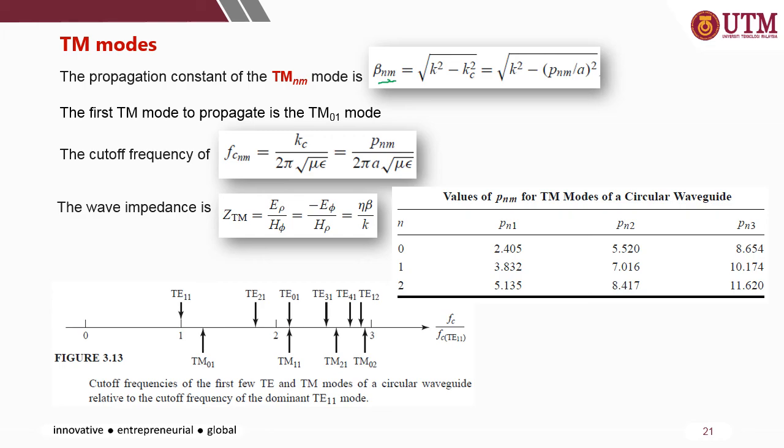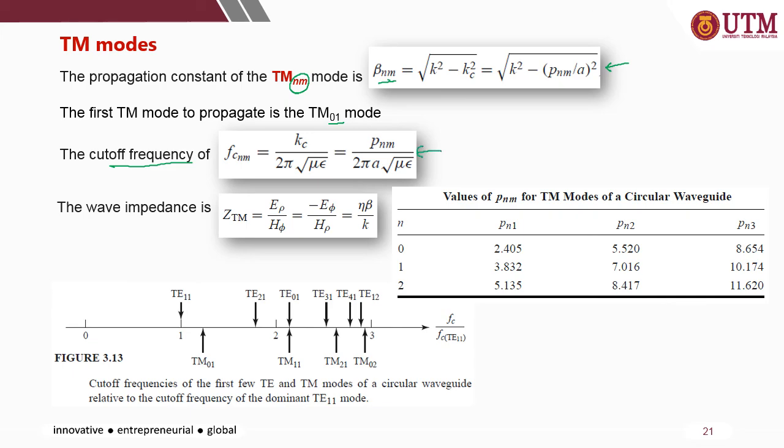Again, the order of the modes is nm, while the dominant or first mode for TM is TM01, n equal to 0, m equal to 1. The propagation constant can be calculated by using this equation, and the cutoff frequency fc for that particular mode can be calculated by using this equation.